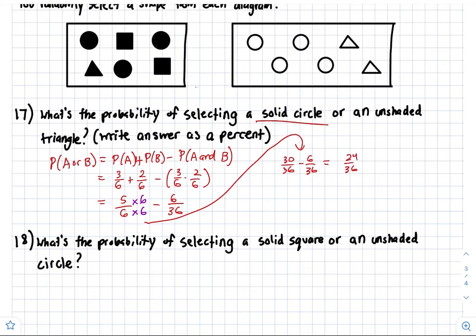Written as a percentage, 24 divided by 36 gives us 0.666666. If you move the decimal place over 2 to the right, it's 66.7%. That's the probability of getting a solid circle or an unshaded triangle.